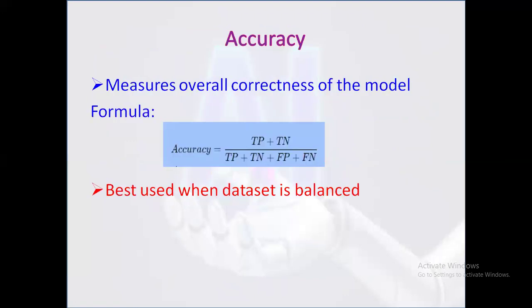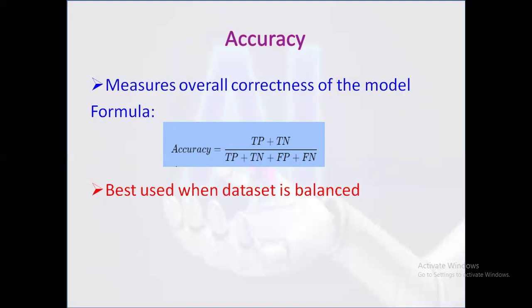Next, accuracy. Accuracy measures the overall correctness of the model by calculating the proportion of total predictions that are correct. It is computed as the number of correct predictions divided by the total number of samples. Accuracy is most useful when the data set is balanced, meaning all classes have roughly equal samples.